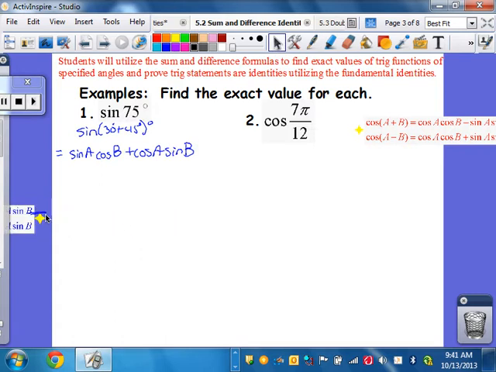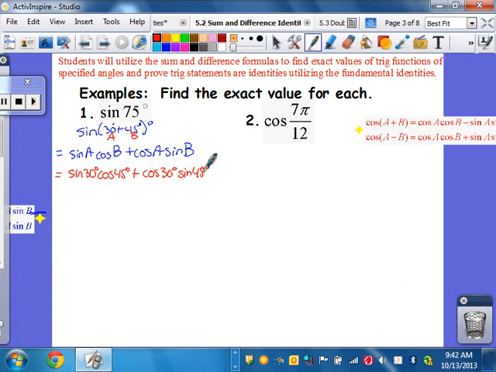What I mean by A and B is the first angle, this is your A, here's your B. So now I can instantly put that in, and I can see that sine of 30 degrees cosine of 45 degrees plus cosine 30 degrees sine 45 degrees.